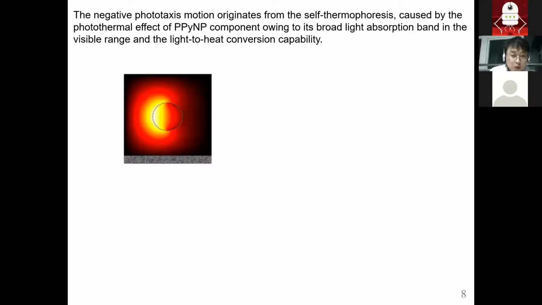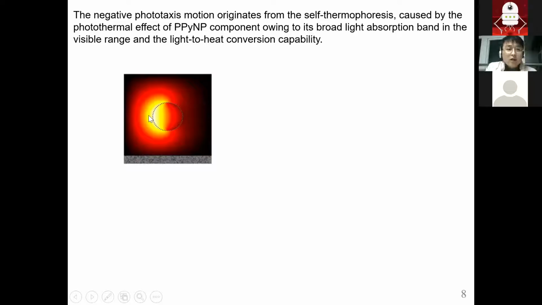You can see in this picture that the temperature at the liquid and micromotor interface is enhanced owing to the photothermal effect, and the temperature gradually decreases across the micromotor due to the weak thermal conduction of the micromotor.